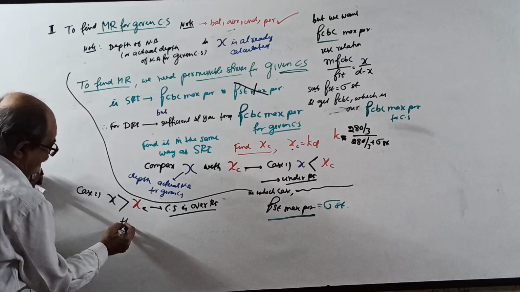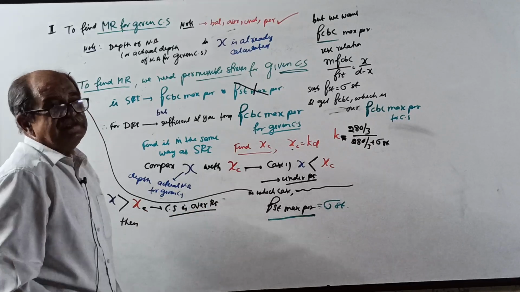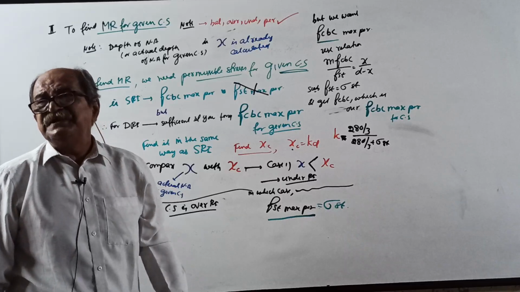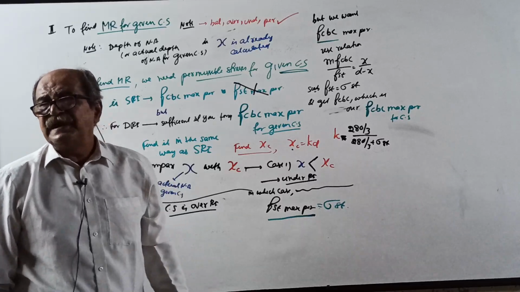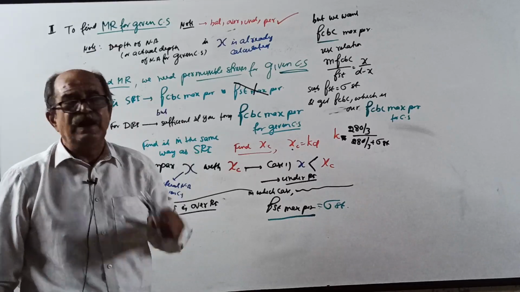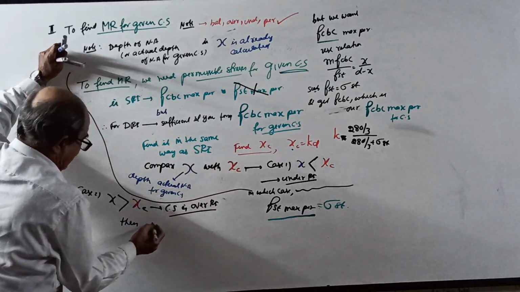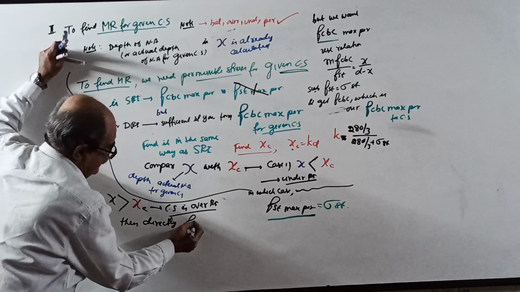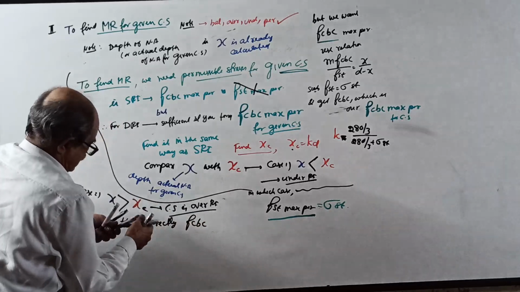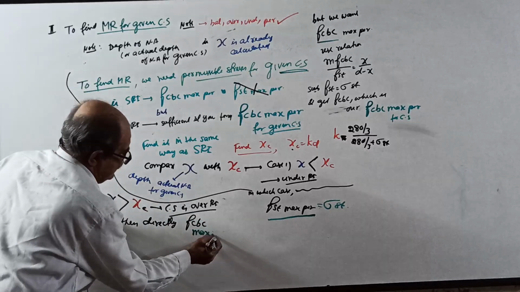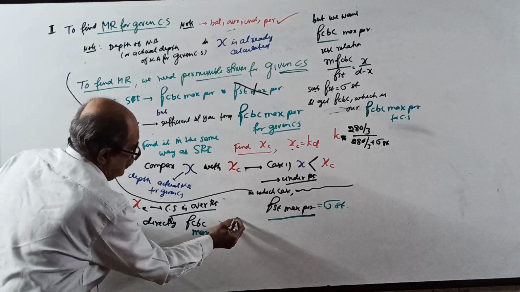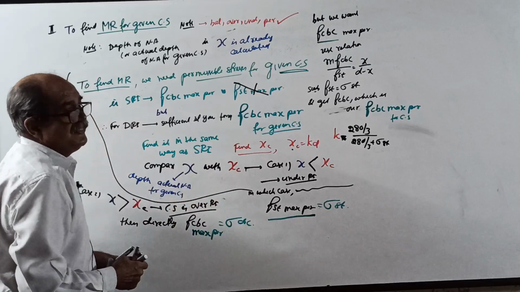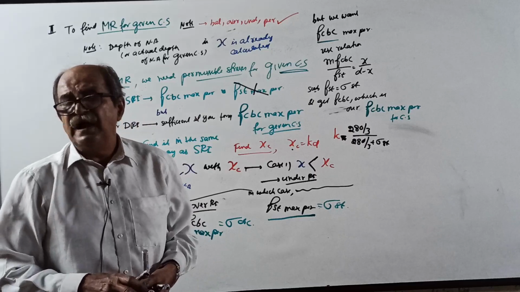Stress in concrete will first reach critical, and at that time the stress in steel will be less than critical. So we want FCBC, and directly FCBC max permissible equal to sigma CBC. That is sufficient, that is the answer.